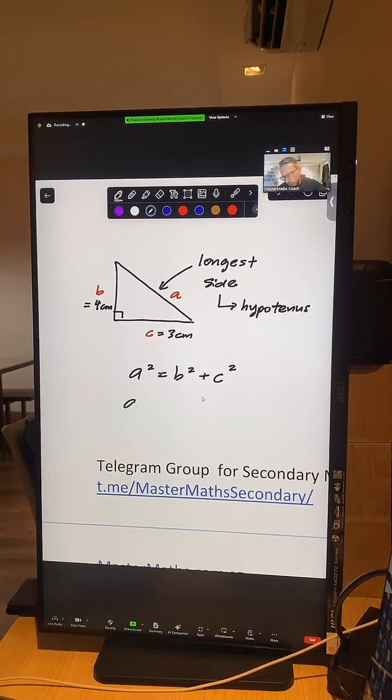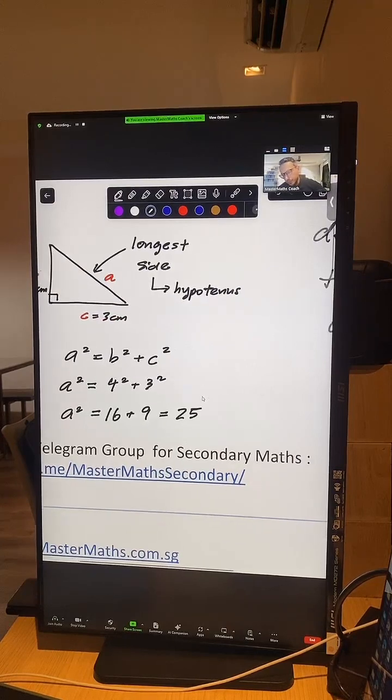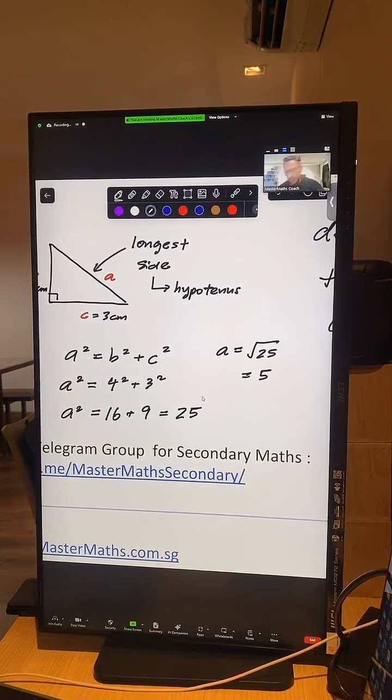So A square will be 4 square plus 3 square. This will be 16 plus 9, because 4 square is 16 and 3 square is 9. 16 plus 9 will give me 25. Solving for A, you square root your 25, you will get 5.